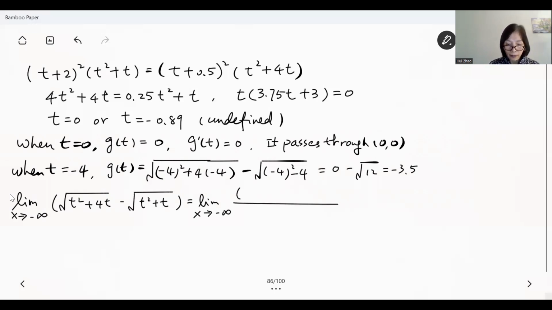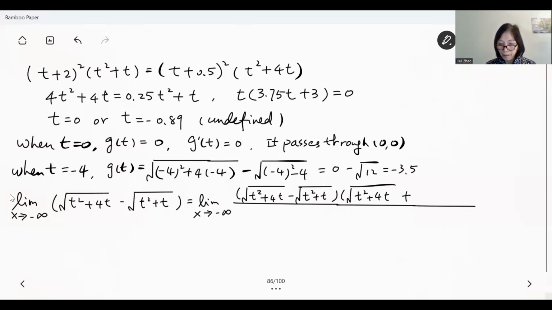And here, the square root of t squared plus 4t minus the square root of t squared plus t times the plus, right?